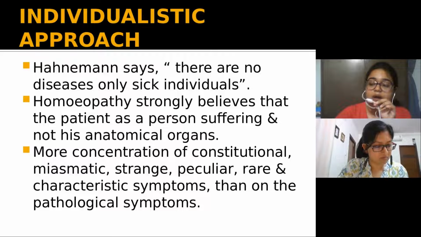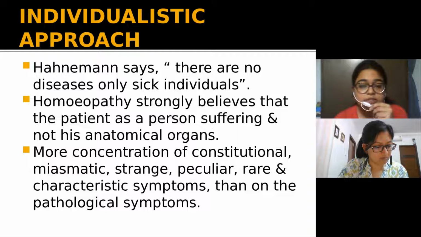So we have to take the individualistic approach in every case. We have to put more concentration on constitutional symptoms, miasmatic symptoms, and strange, peculiar, rare and characteristic symptoms than on the pathological symptoms.